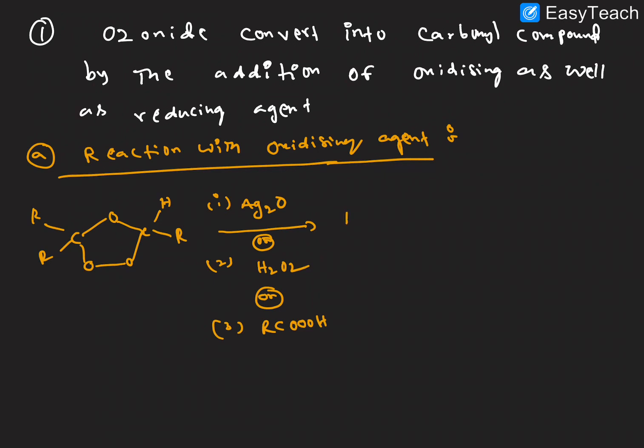So generally one keto group is forming here, and then one aldehyde group is forming here, right? It breaks on this side, so this forms the keto group with no 2 alkyl groups, and this forms the aldehyde group.